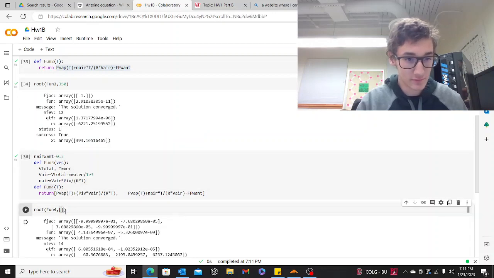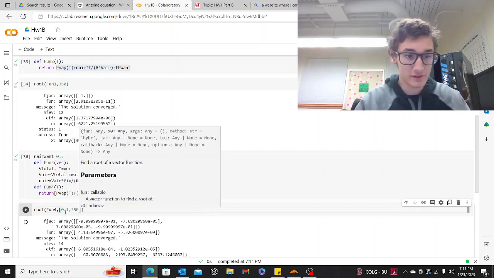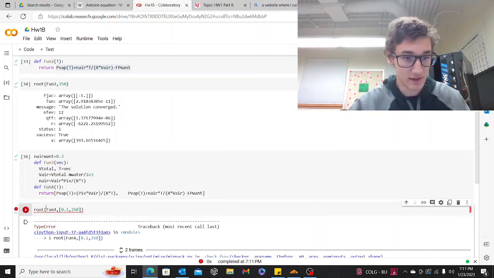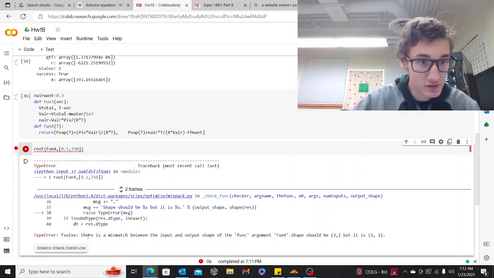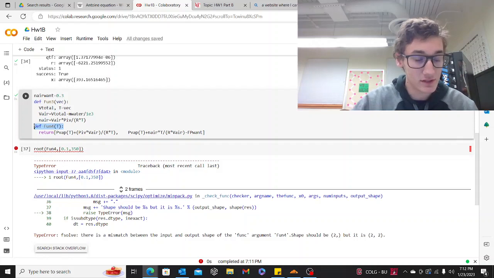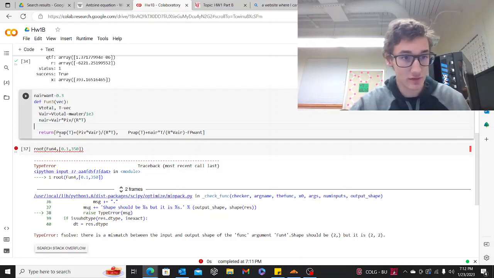So our guess for the volume was going to be 0.1, and then it's going to be 350 Kelvin as our guess from last time. So, okay, there is a mismatch between here, which makes me think I'm not supposed to have this. So let's try that.